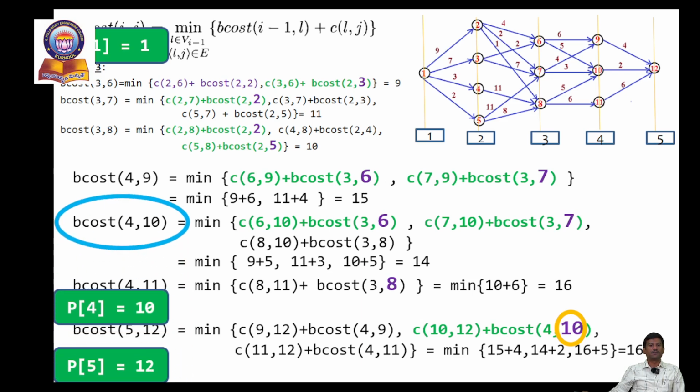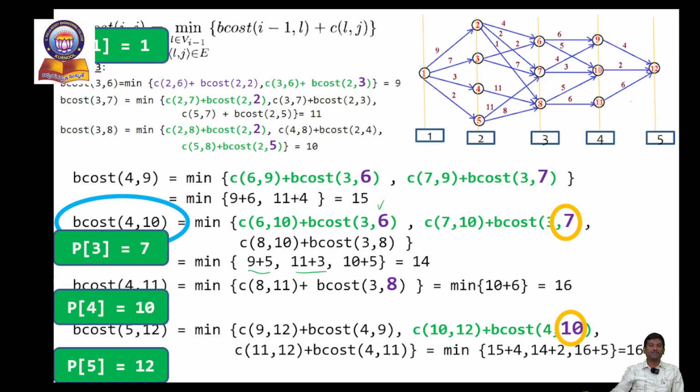And when you consider B cost of 4 comma 10, there are two possibilities. What are those two possibilities? That is 9 plus 5 equal to 14, and 11 plus 3 equal to 14. In your previous path, that is in your solution 1, we have taken 6 as the solution, that is P of 3 equal to 6. Now in this solution 2, we take 7.